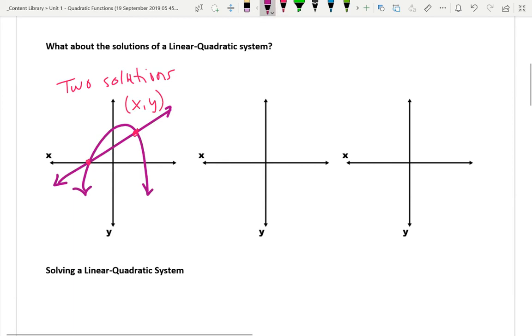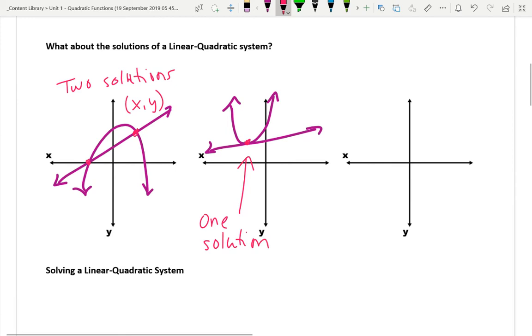Another possibility here, I'll make this parabola open upwards. Make that just a little bit more parabola-y. There we go. My parabola opens upwards, and maybe my line just kind of touches it once, touches that vertex or another point. In this case, we would have one solution.